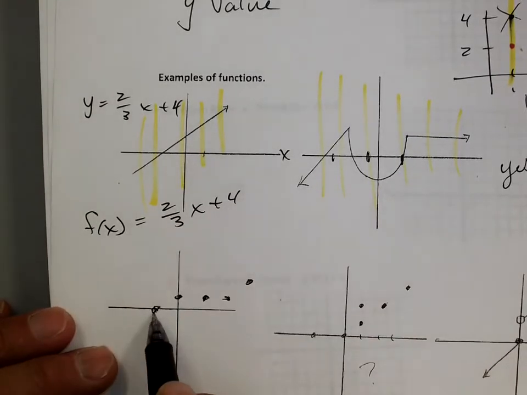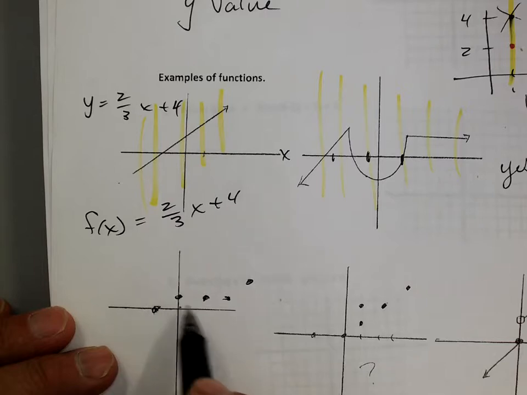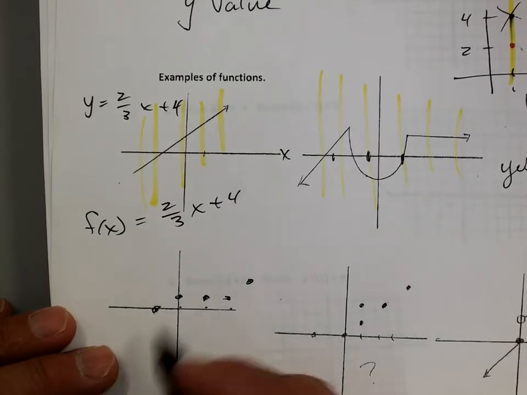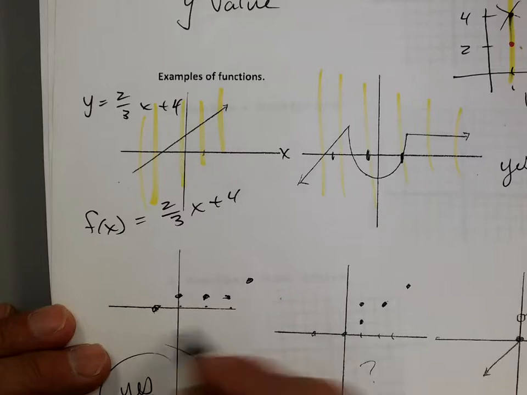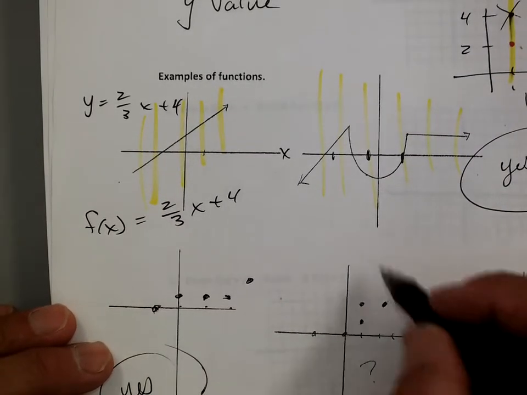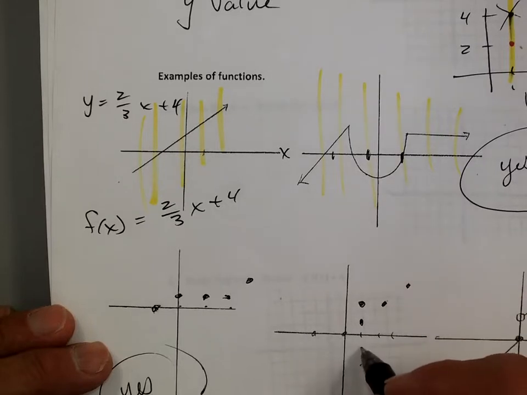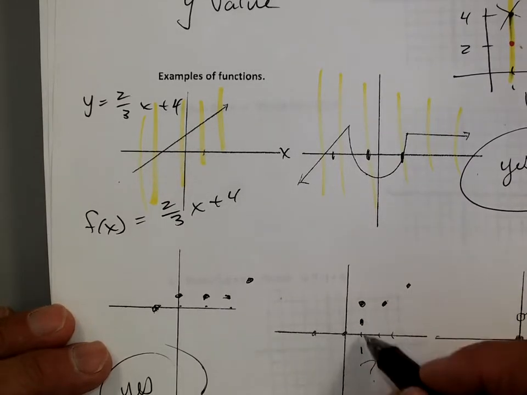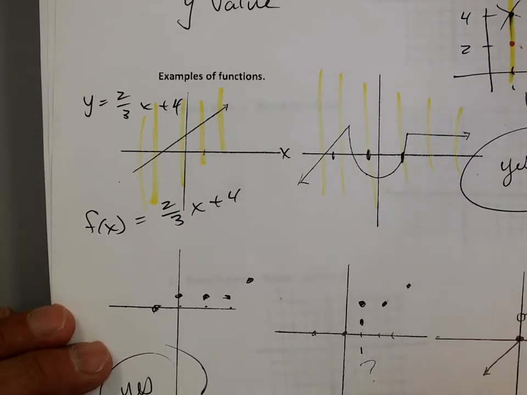Every single x value has only one y value. So I'd say yes, this is a function, okay? The fourth example is a no. Right here, this x value has two different y values. It can't happen. This is not a function, okay?